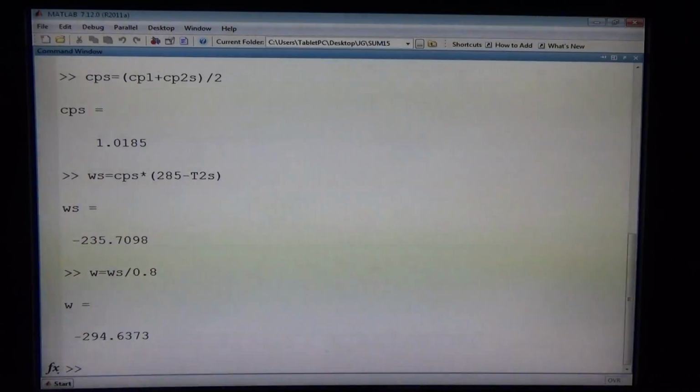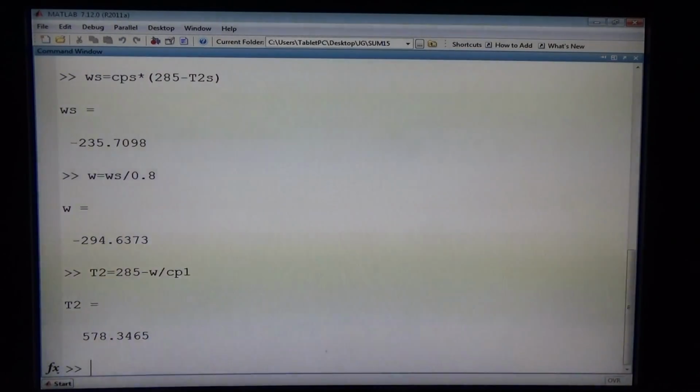So here we get that T2 actual exit temperature of the compressor is T1, 285, minus the actual work divided by C sub P at T1, which gives us 578.